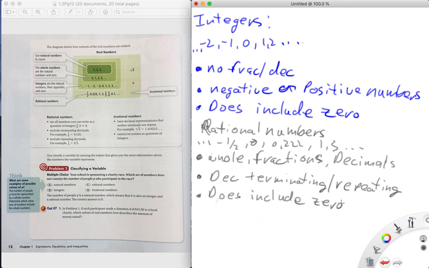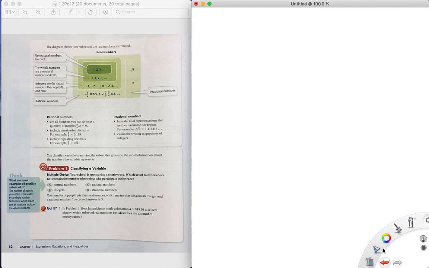Okay. And then we have the last set of numbers. If you notice, each set of numbers sort of builds on the other: natural, whole, integers, rational. Irrational on this chart is all the way to the side.